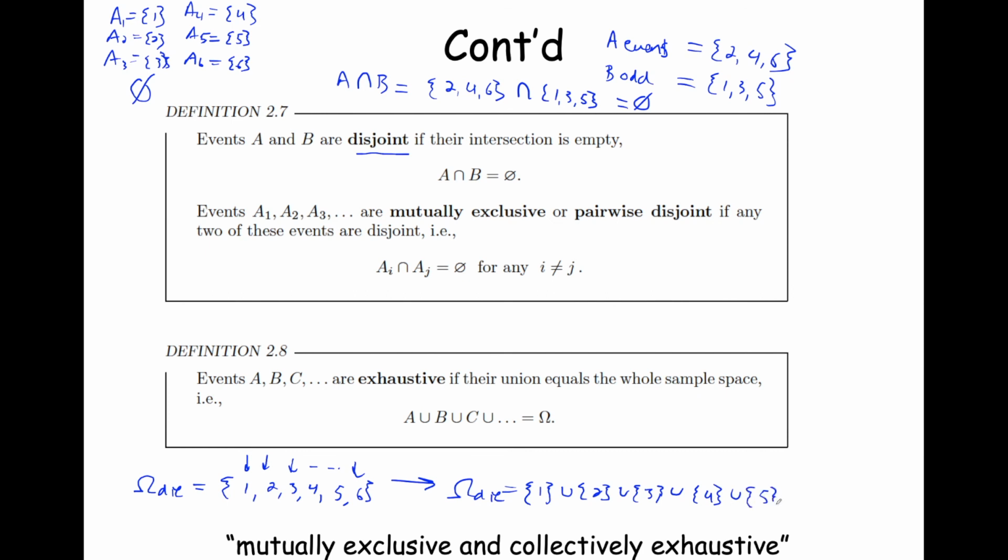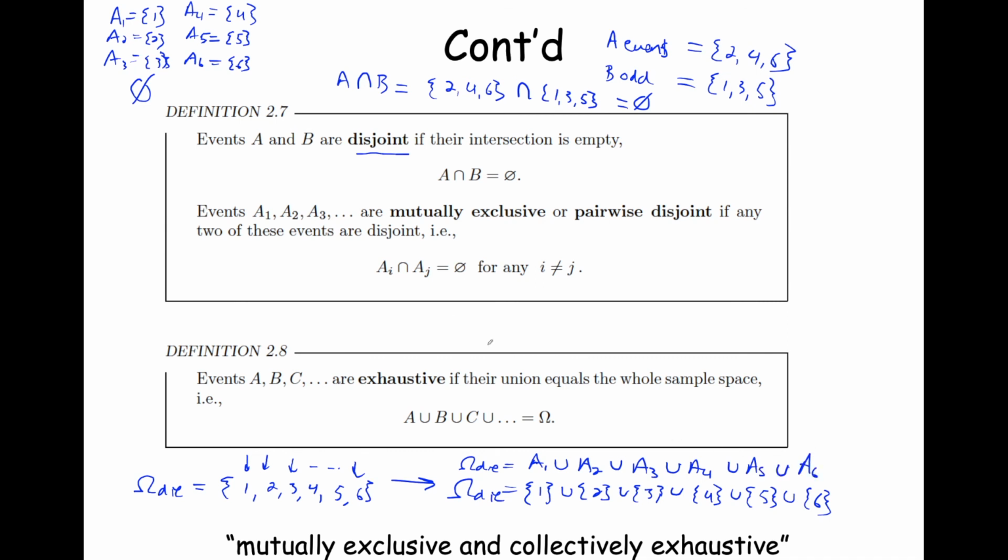with the 6th outcome. Now, substituting for what our singleton events are, omega die is equal to A1 union A2 union A3 union A4 union A5 union A6.